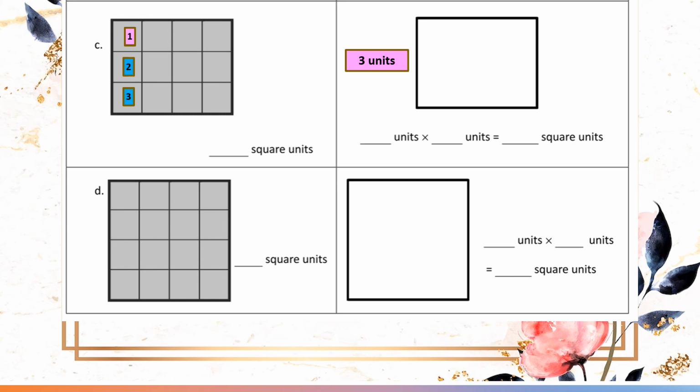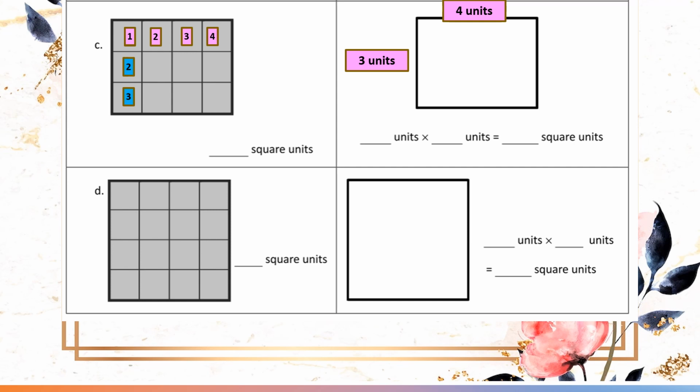So that's 1, 2, 3, 4. So that means that my rectangle is 4 units wide.